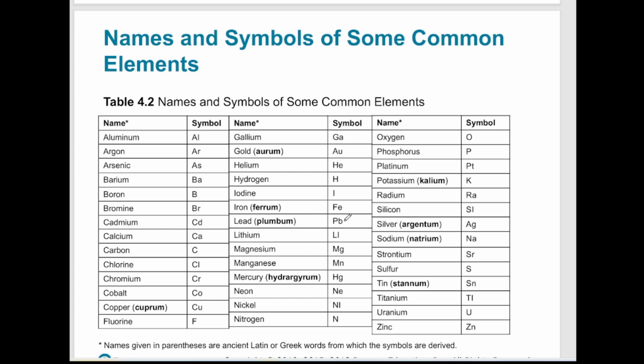The symbol is Pb, and so forth. Silver is argentum, Ag, and potassium is kalium, K. So a lot of the elements do come from Greek or Latin words. You can see a lot of the common element names and symbols in this chart.